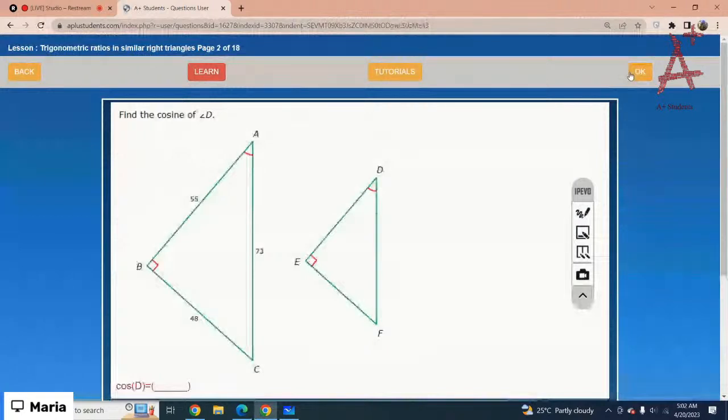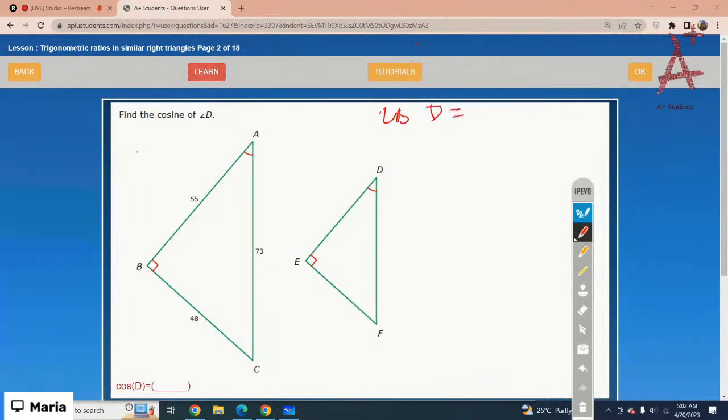Find the cos of angle D. Now the triangles look very similar. Cos of D is adjacent over hypotenuse. Got it? So adjacent is DE, and the similar side to DE is AB.